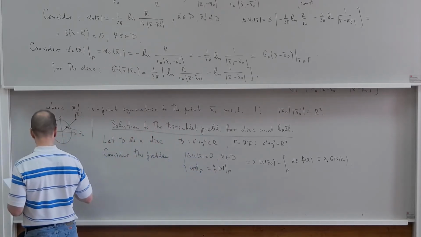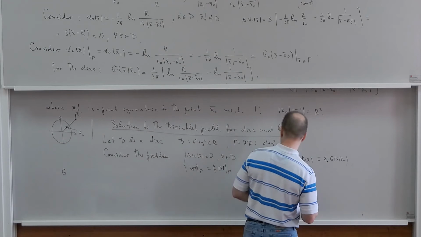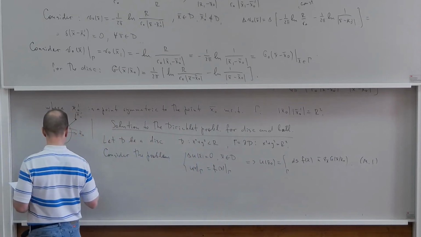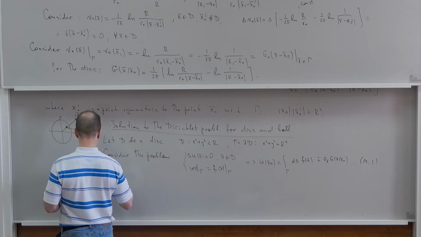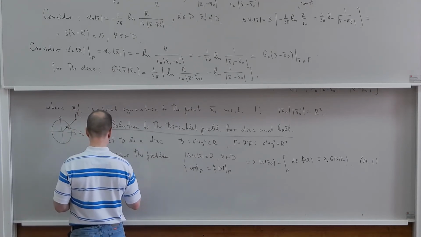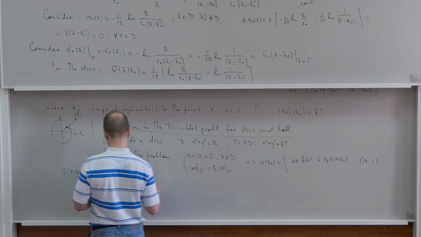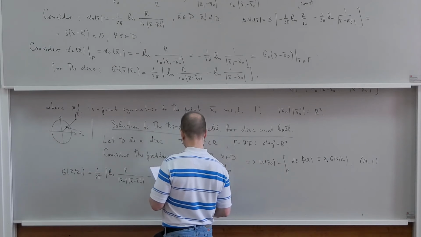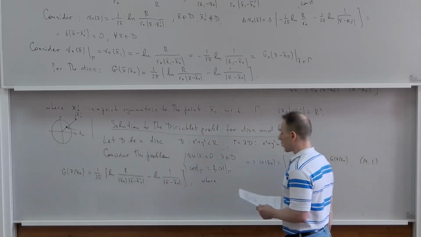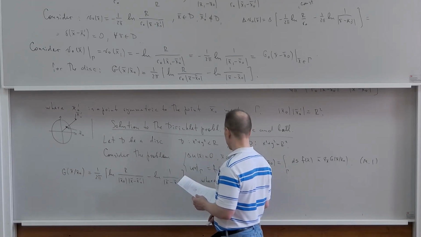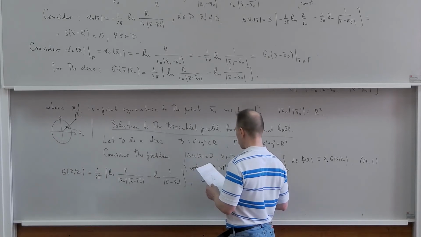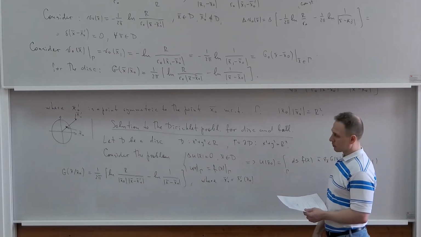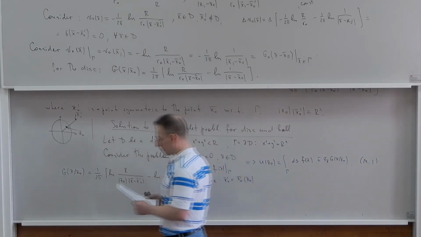Here the point x0 prime is a point symmetric to the point x0 with respect to the circle gamma, as it was explained in the previous example.